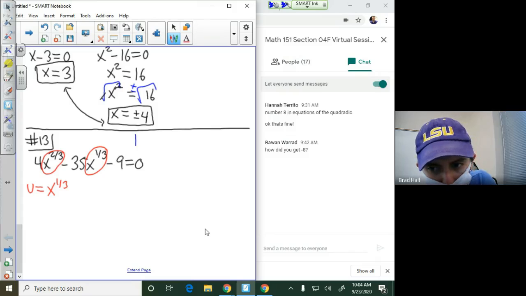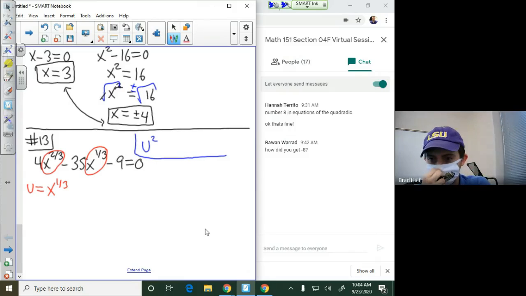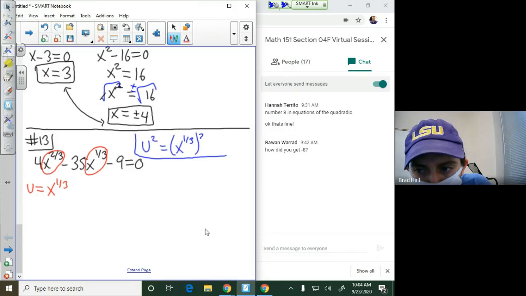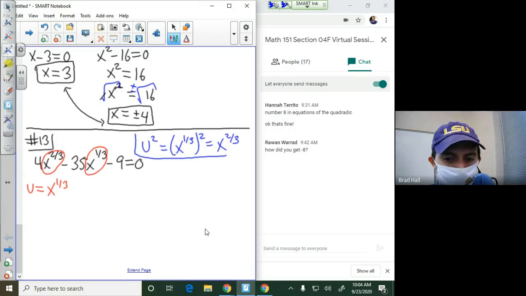Well, if you like the derivation stuff, if you square both sides of the u that we established before, that would be x to the 1 over 3 quantity squared. So that would be x to the 2 over 3, which is exactly this second term here.